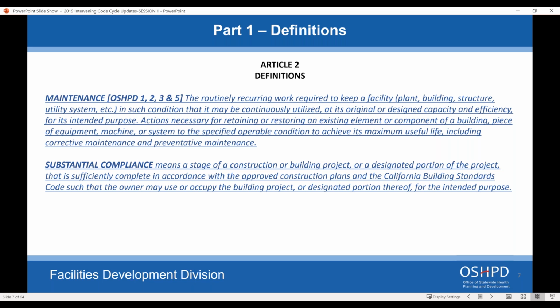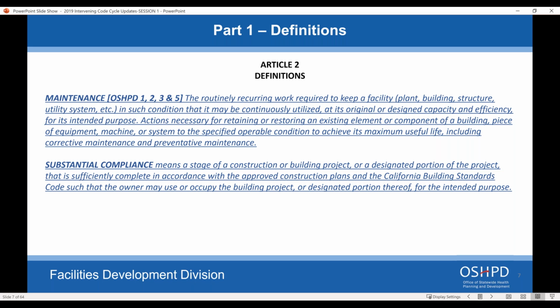So we've added the definition of substantial compliance to show that a stage of construction of a building or project or a designated portion of the project that is sufficiently complete in accordance with the approved construction plans and the California Building Standards Code, that the owner may occupy the building for its designated and intended purpose. So this allows for partial occupancies as well as complete occupancies.